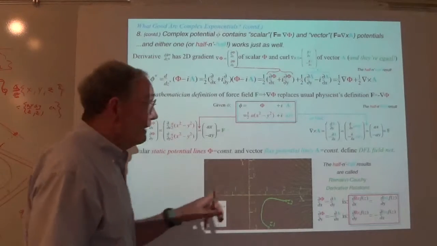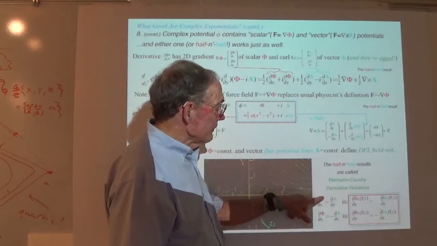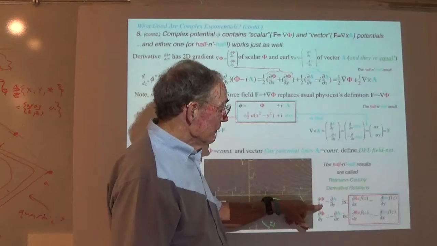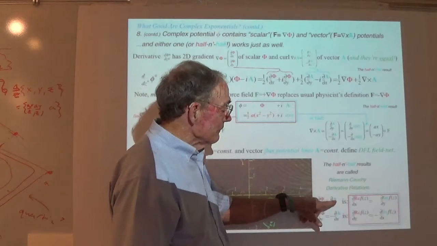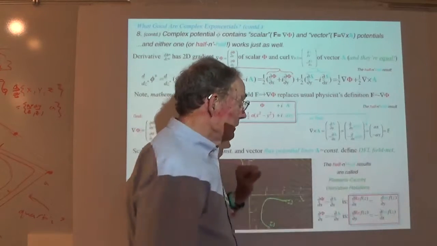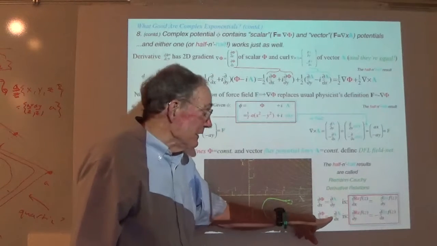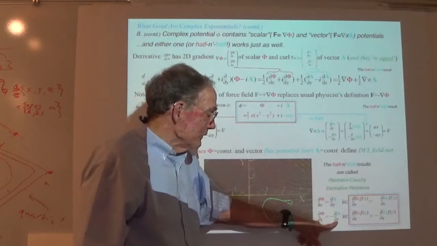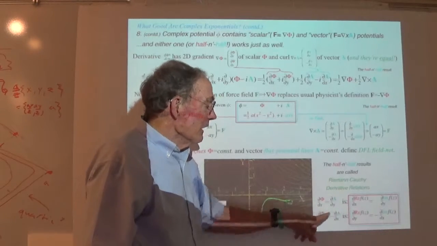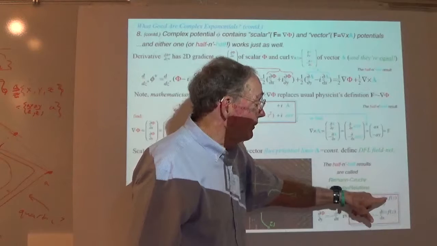Now, these half and half results: the fact that the x derivative of the scalar part and the y derivative of the A part are equal, or the y derivative of the scalar and minus the x derivative of the vector are equal. Those relationships are general.